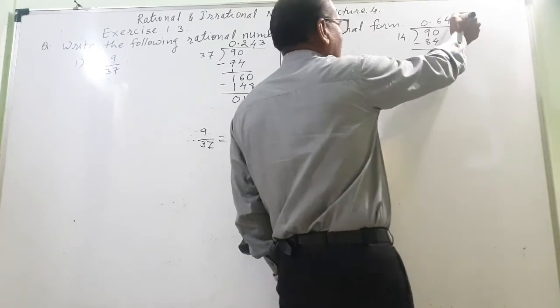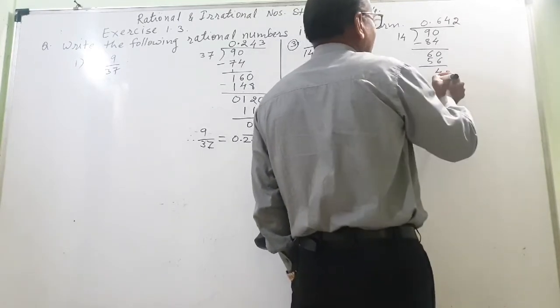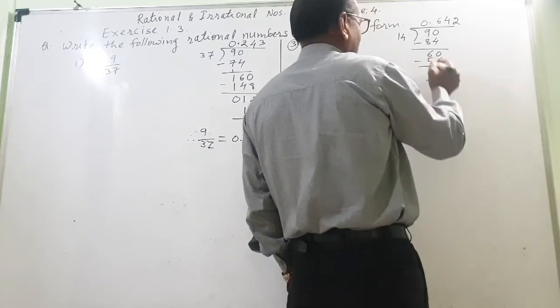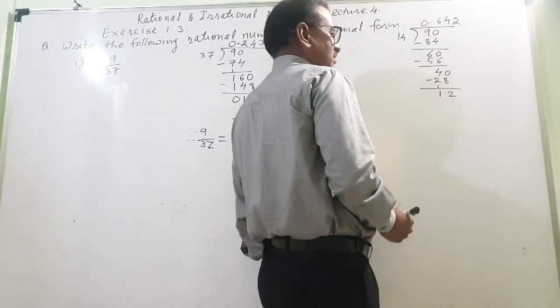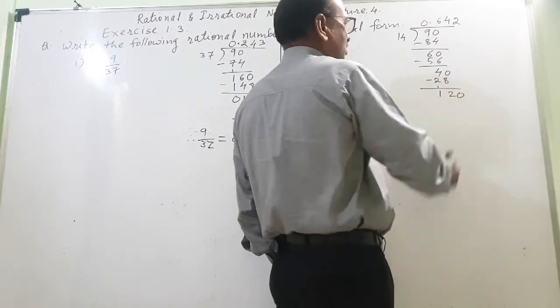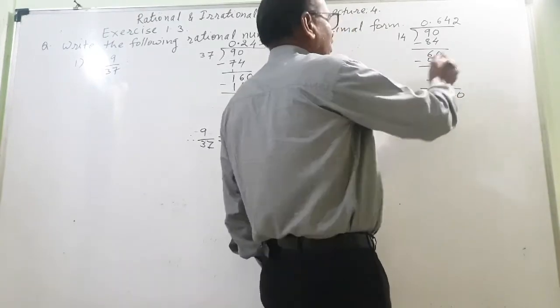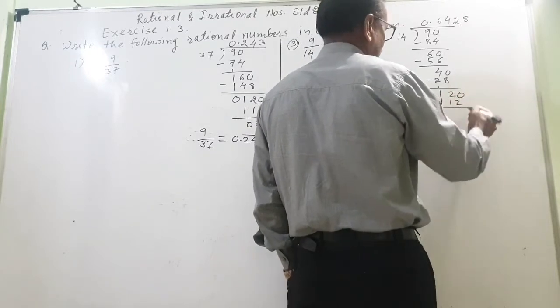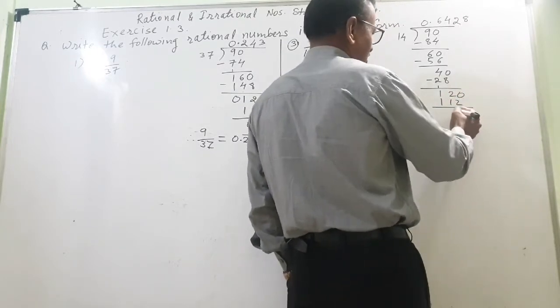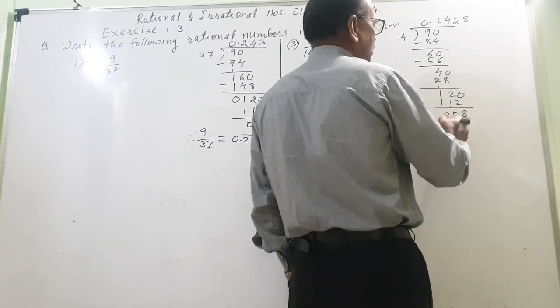It is bigger. So 14 twos are 28. Remains 2. Again take 0. 14 eights are 112. Remains 8.